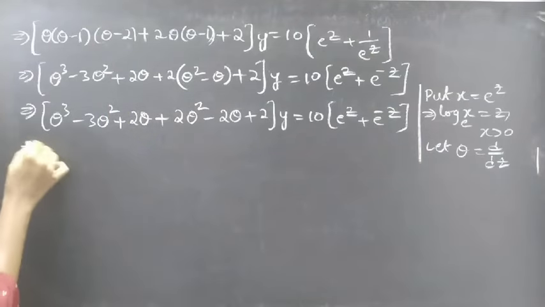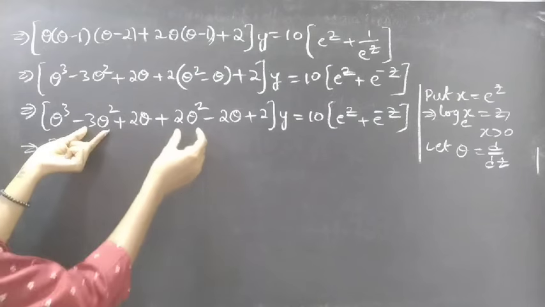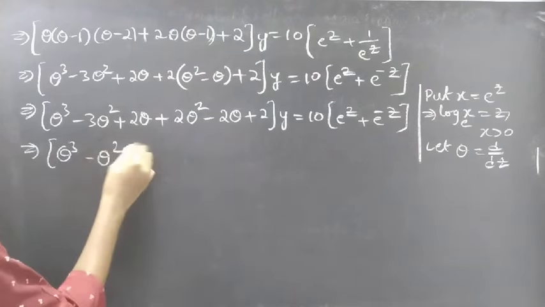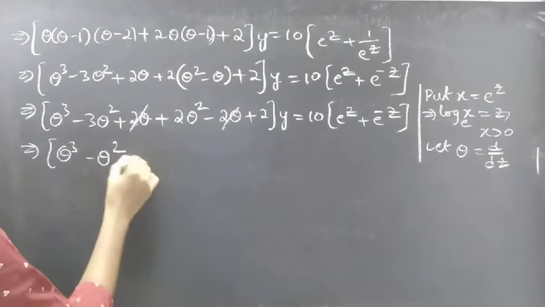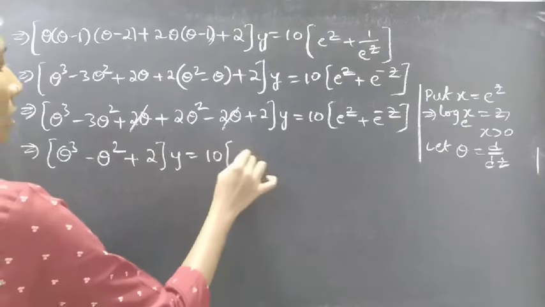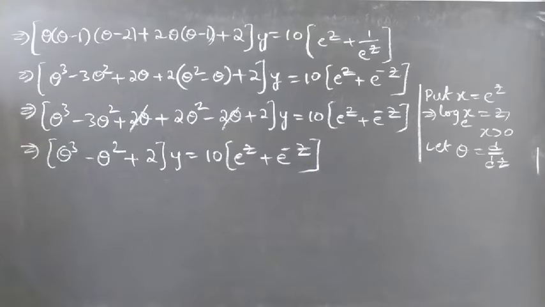Now this equation becomes theta cube minus 3 theta square plus 2 theta square is minus theta square, plus 2 theta minus 2 theta gets cancelled, plus 2, into y equal to 10 times e power z plus e power minus z, which is a differential equation with constant coefficients.